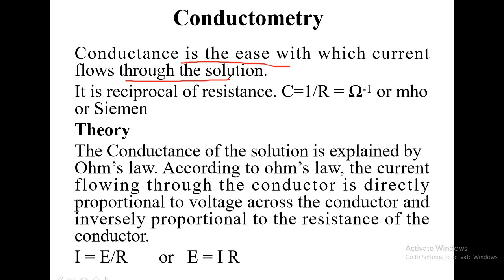It is nothing but the reciprocal of resistance. Mathematically, C equal to 1 by R. Since R is expressed in ohms, conductance is expressed in per ohm or mho. It is also expressed in Siemens.